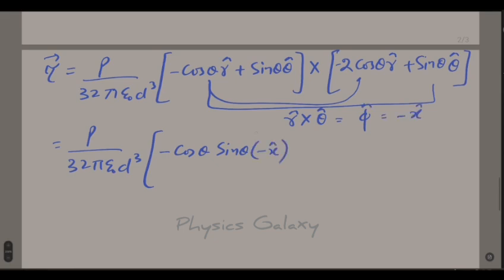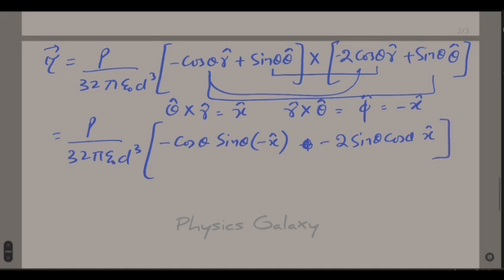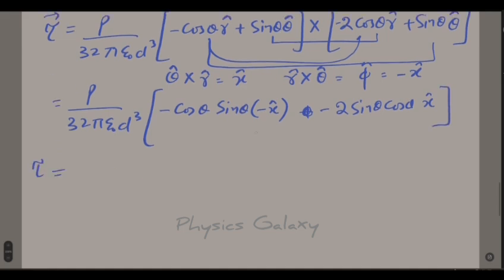Then the next term, minus 2 sin theta cos theta, with theta cross r cap, which is plus x cap. Then theta cross theta will be 0.